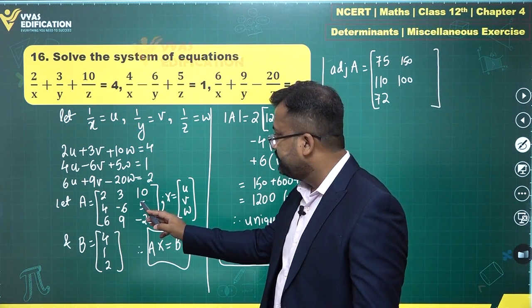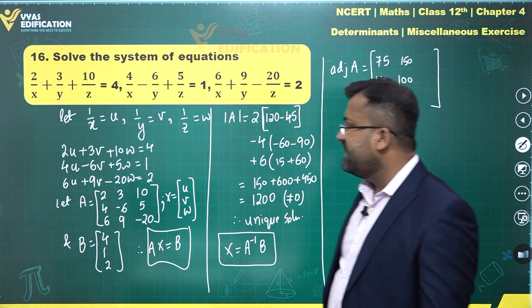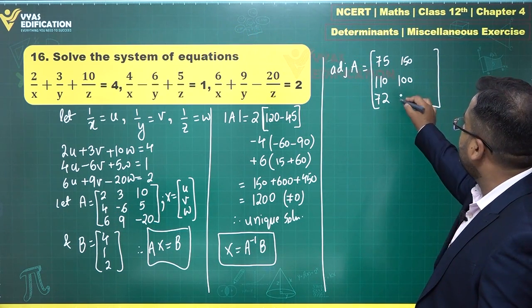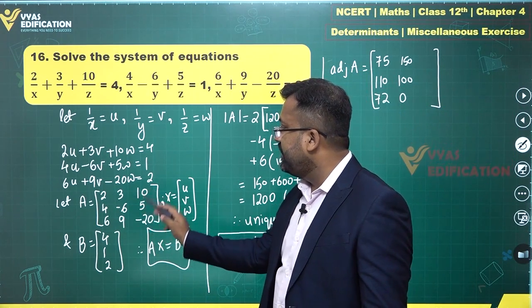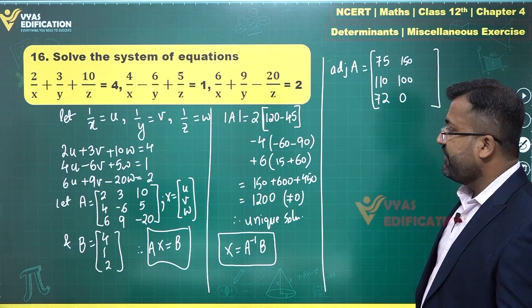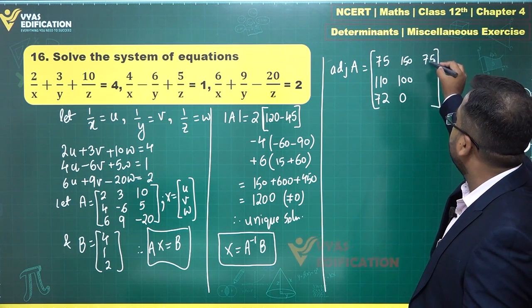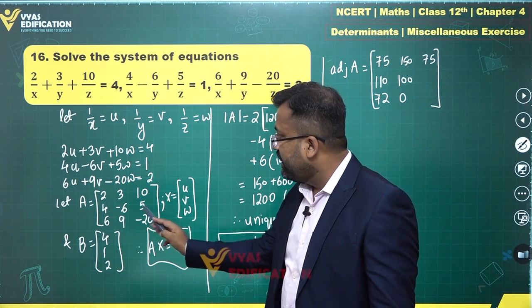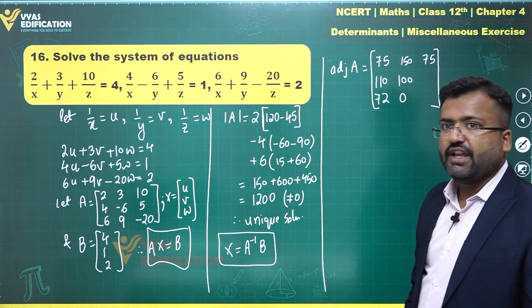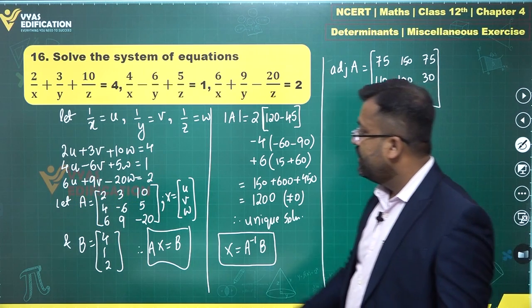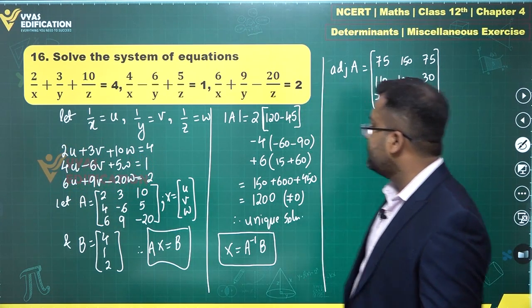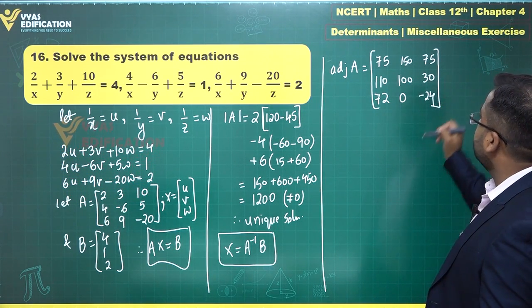What about this element? 18 minus 18 will actually be 0, but that will be written over here. For this element, you get 15 plus 60, which is 75, and that will go over here. For this element, you get 10 minus 40, which is minus 30, but that will come over here with a plus 30. For this element, you get minus 12, which is minus 24. This is what I get.